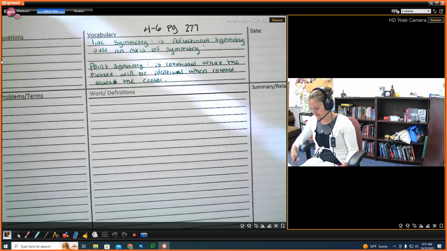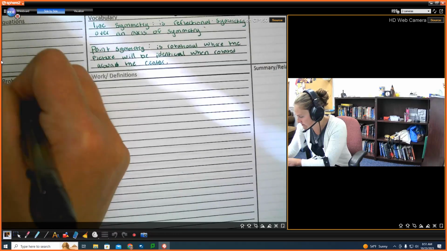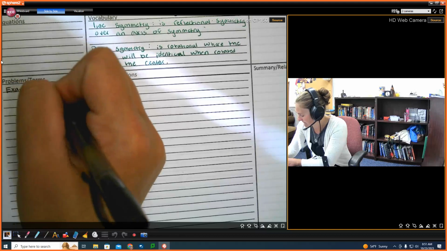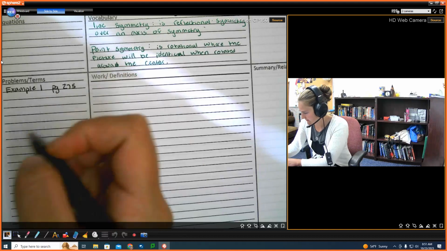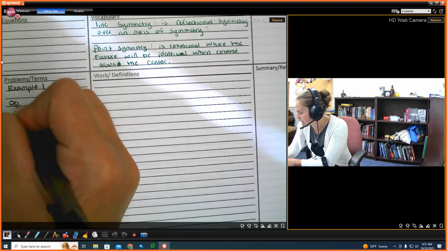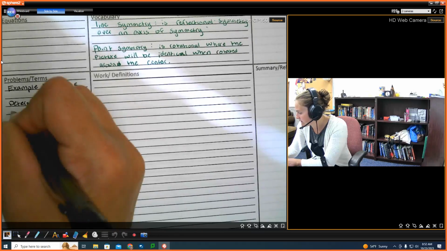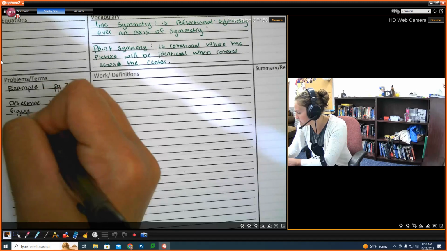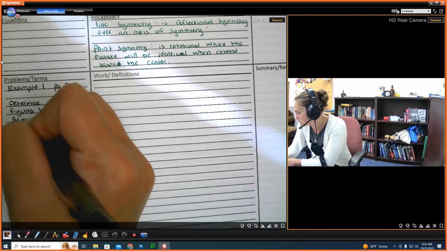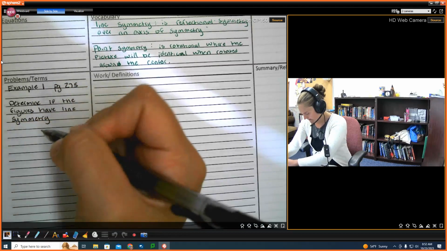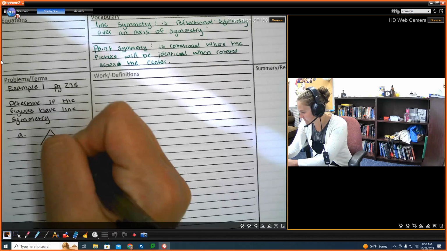So example 1 says to identify line symmetry. I'm just going to draw the pictures. Page 275. Okay, so for A, we just have a regular pentagon.